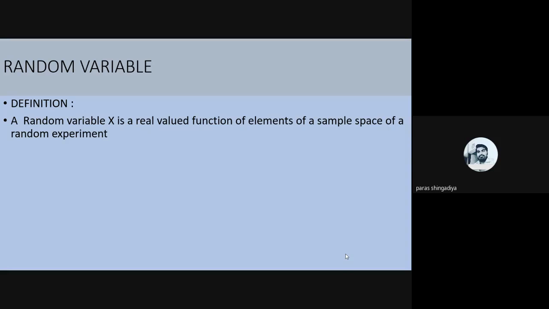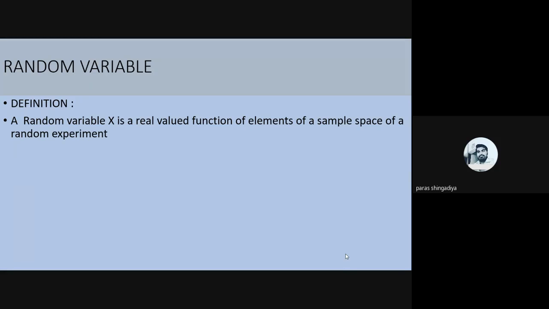We'll consider input values from the sample space, and X is defined as the random variable. We'll identify the output of the random variable using X as a real valued function. Real valued means whatever the input value is, you will get a real answer, such as 0, 1, 2, or 1 by 2.